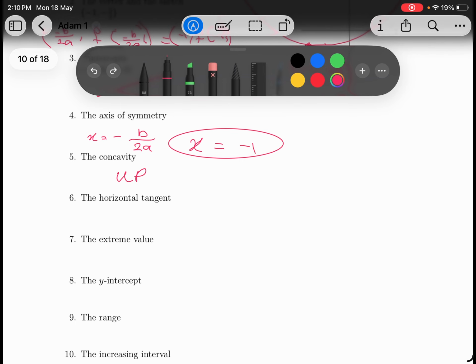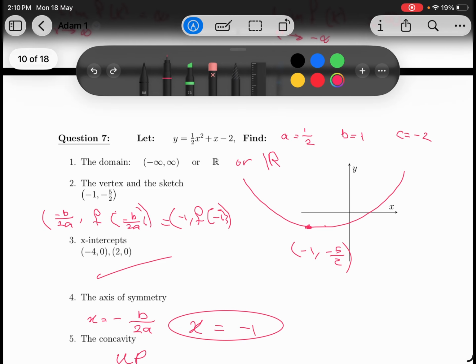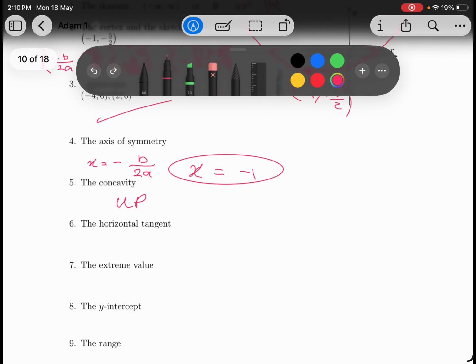And here the horizontal tangent, and not only horizontal, it's the only horizontal tangent, which is the line that touches this graph exactly at its lowest point, which is y equals minus 5 over 2.